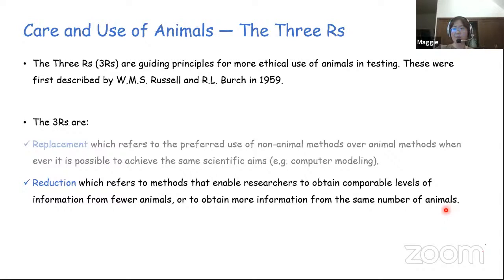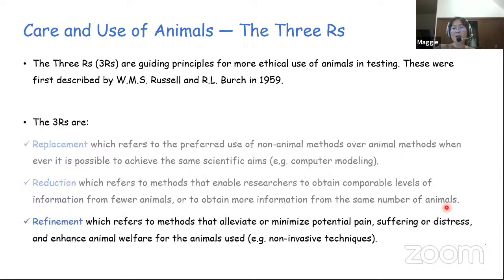So we can get more information from the same number of animals. That's reduction. And the last R is refinement, which means that we need to use methods to alleviate or minimize the potential pain, suffering, or distress, and enhance animal welfare for the animals used. So when the animals are suffering, sometimes you need to sacrifice them to make them stop suffering.